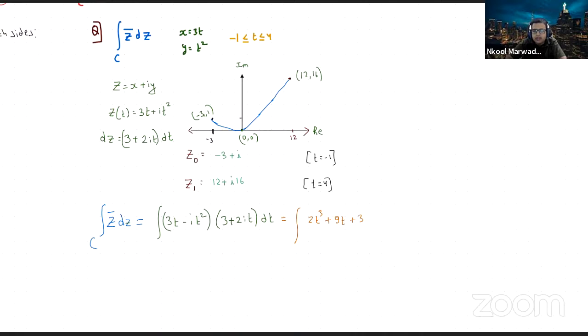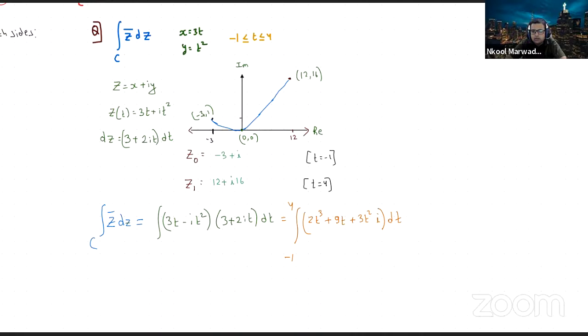This I have to integrate with respect to t, and for t the integral limits are -1 to 4.